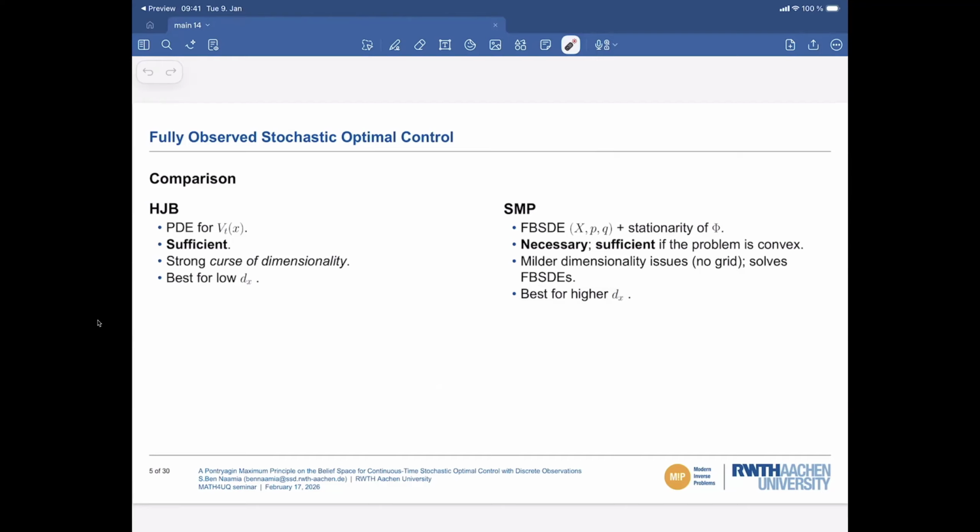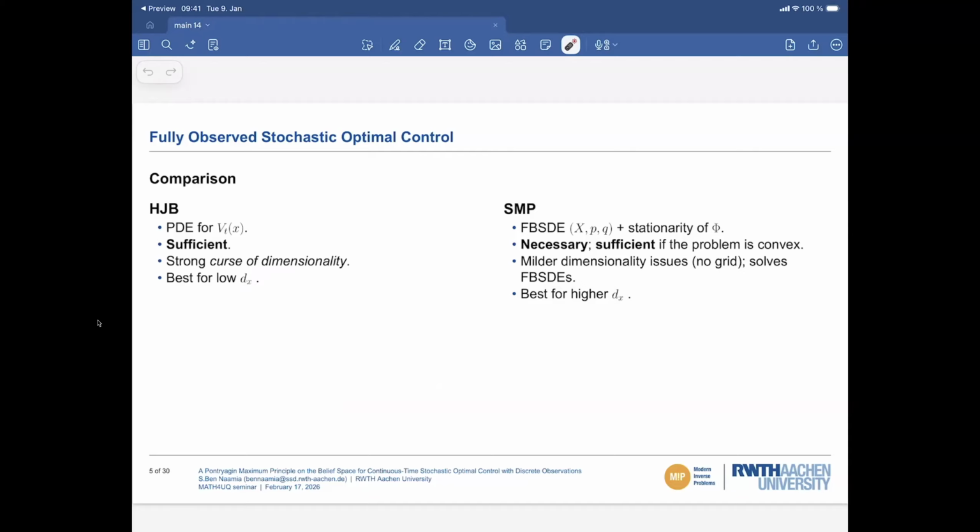Okay. Now, if you go to the stochastic Pontryagin maximum principle, you end up with these forward-backward SDEs. You have these stationarity conditions to determine the optimal control that couples them, but this will give you necessary conditions, which will become sufficient if you have the usual convexity conditions. Again, think about it as a primal or a dual problem, so you sort of close the duality gap to zero.